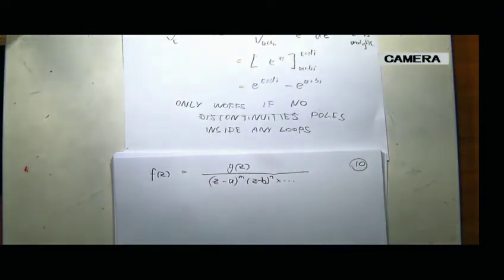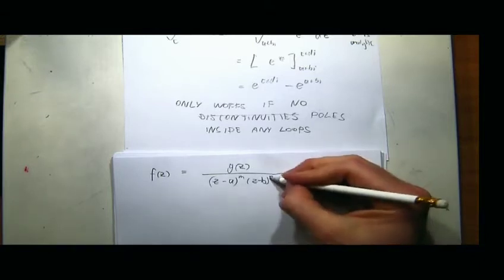This is my general form. It's g of z, some function g, over z minus a to the m, z minus b to the n, and blah, blah, blah. Okay? So the idea is that you'll see something like that. I'll give a proper example in a minute.